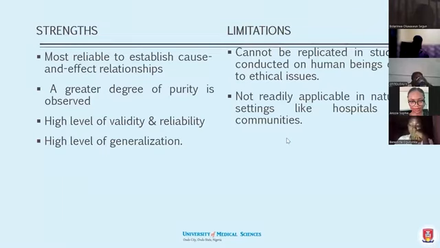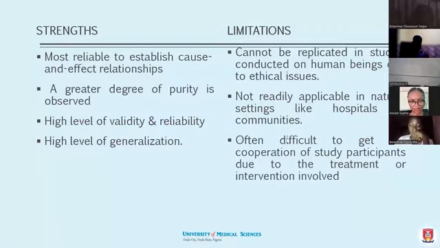They are given a lot of information about the study they want to embark on, and even after that, there are still other things that need to be done to take care of ethical issues. Another limitation is that it may not be applicable in natural settings like hospitals or communities where nurses work and where we conduct most of our research. It may not be feasible because of the peculiarity of that design.